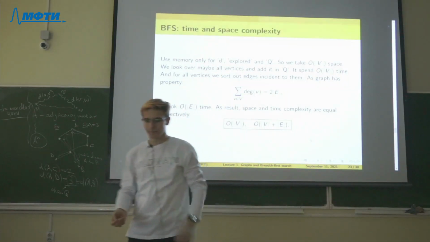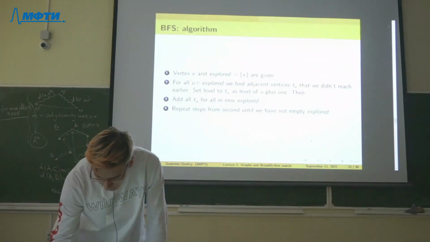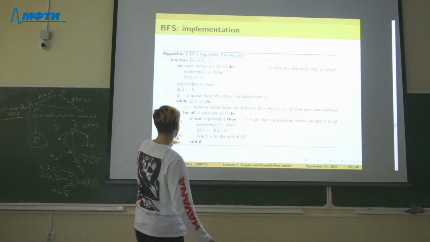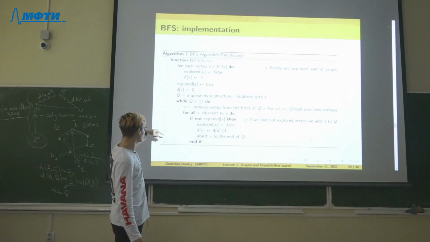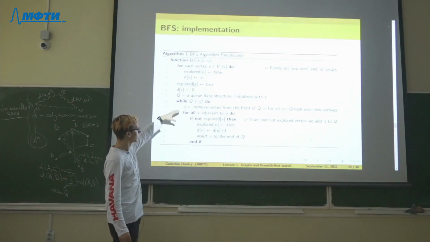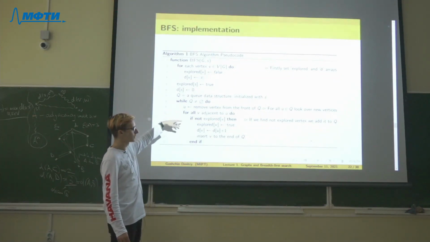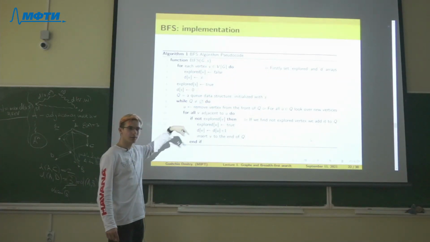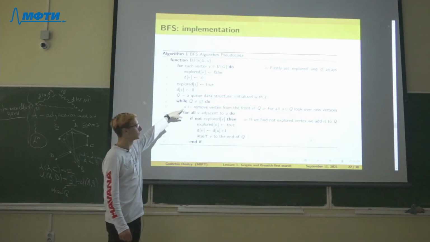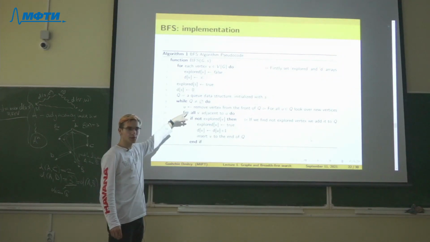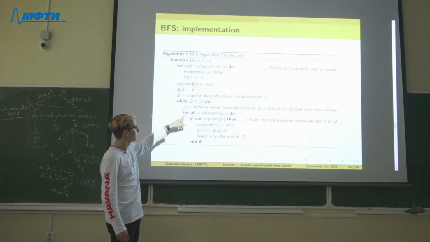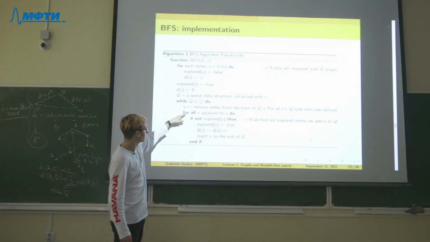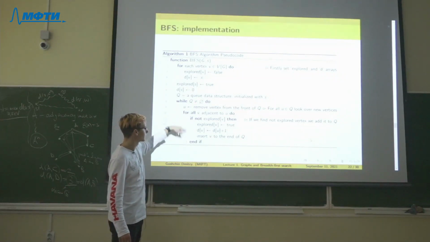Lines 10 to 15 say that we need to count all adjacent vertices to U. So we need to spend big-O of the degree of V to get the answer for this cycle.